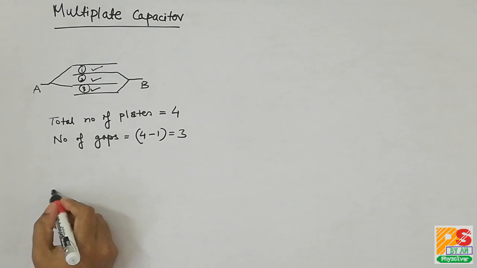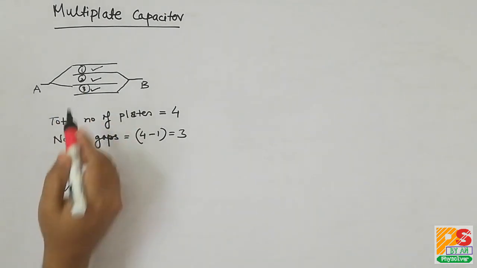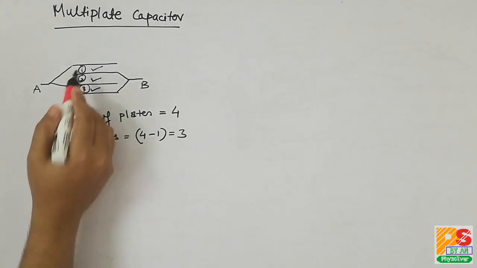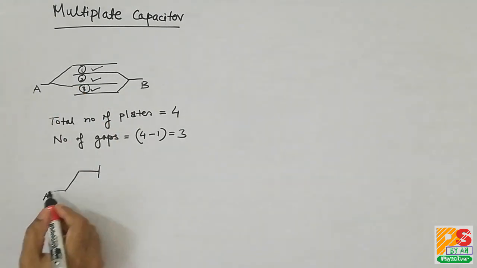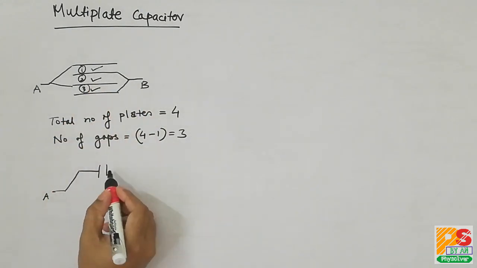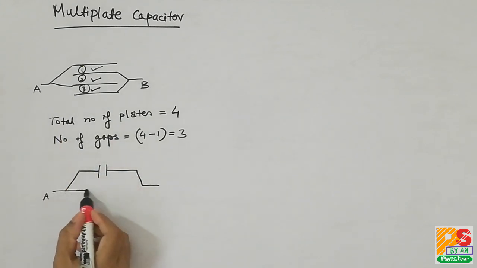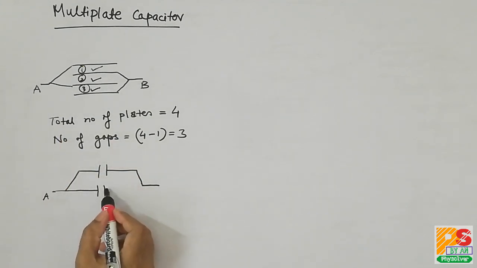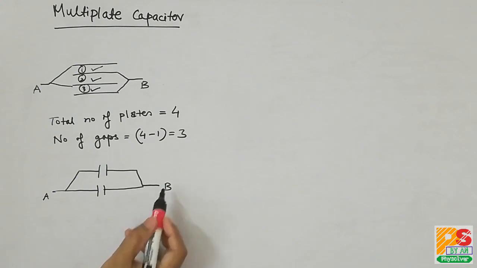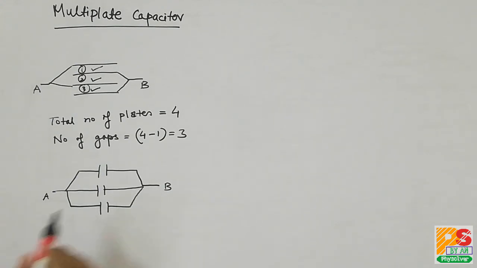So we can say these 3 capacitors, as we name them 1, 2 and 3, are connected in parallel between the points A and B. If you look carefully, the top plate is connected to end A and the next plate is connected to end B, and for gap 2 the situation is the same, and so for gap 3.